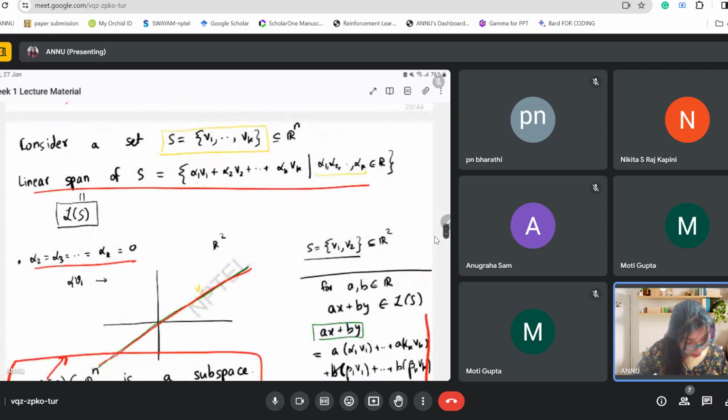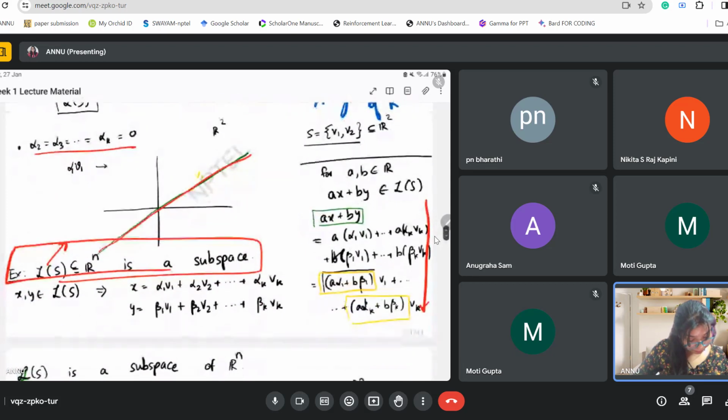If you plot alpha 1 v1 plus alpha 2 v2 such that the alphas belong to R, this linear span is always a subspace of R power k. K can be 1, 2, 3, 4, 5, like that.